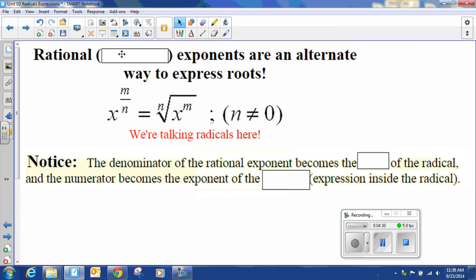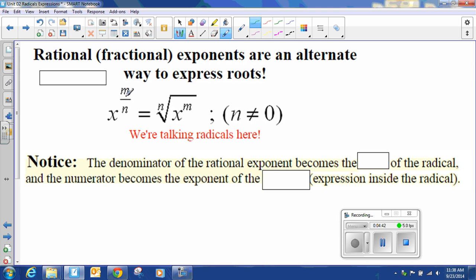So a little vocabulary first. Rational exponents, also known as fractional exponents, are an alternate way to express roots. As you can see here, x to the m over n power is the same thing as the nth root of x to the m power.